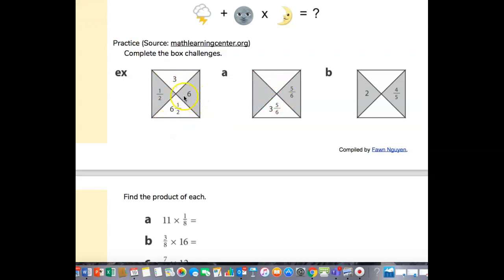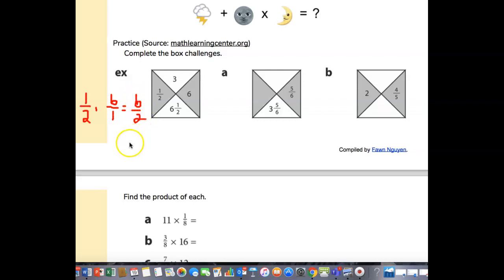Okay, so when I look at this, if you multiply these two gray numbers together, you get 1/2 times 6. But remember, make that a fraction, right? 1 times 6 is 6. 2 times 1 is 2.